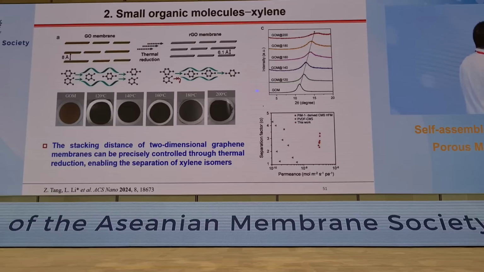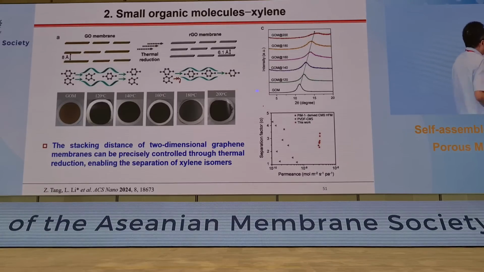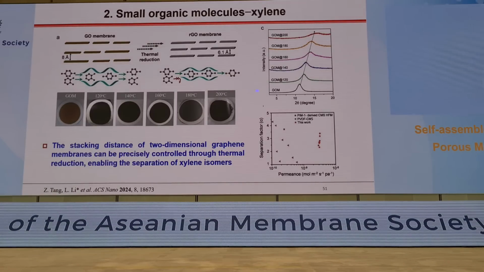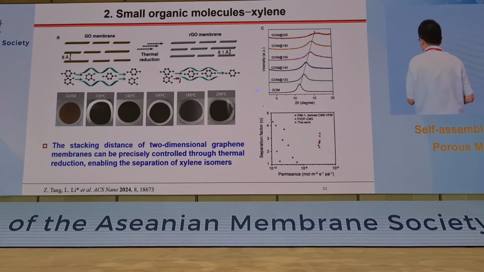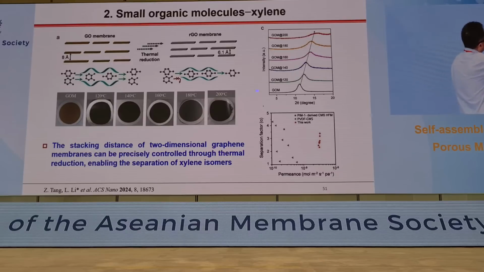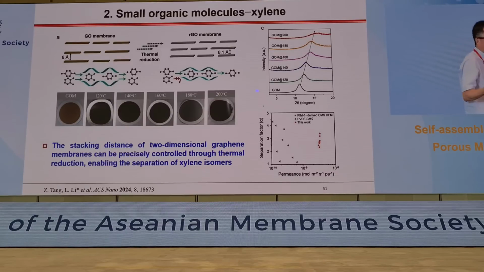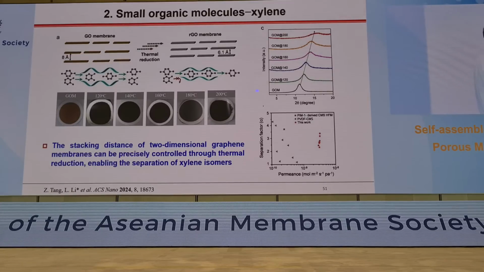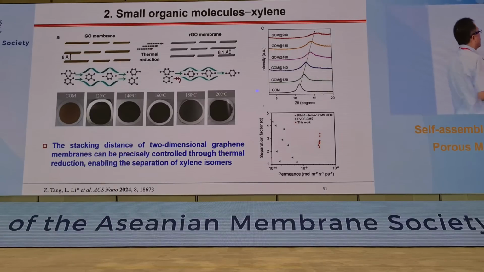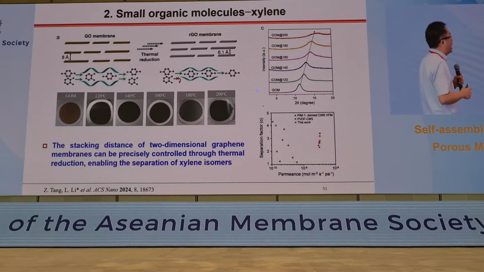We found the simple thermal reduction is a very efficient way, so we can tune the interlayer distance from 8 angstrom to 6 angstrom. Then we realize separation of xylene isomers with a separation factor up to 3.